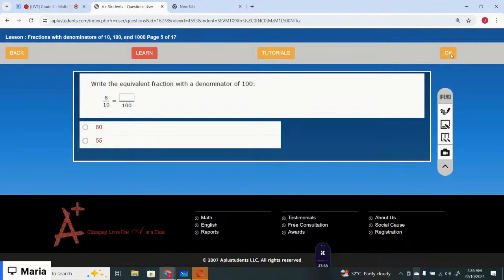Write the equivalent fraction with the denominator of 100. So which is the correct option?